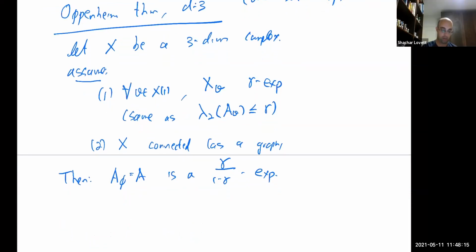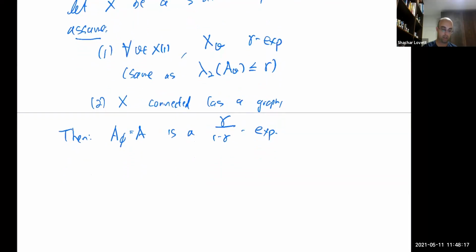So let me just write this down so it's more explicit. So what's the idea? We're going to study and bound the Rayleigh quotient.